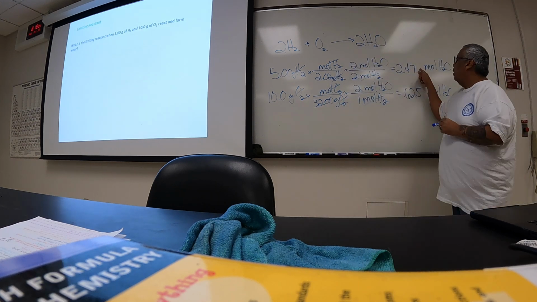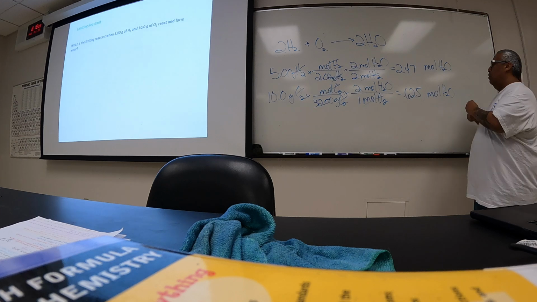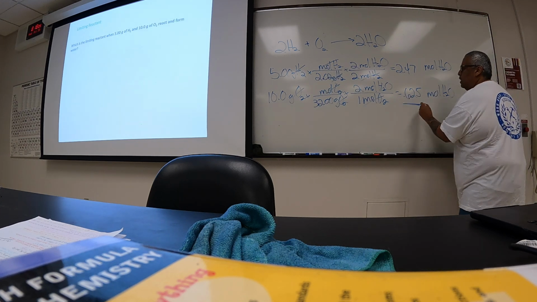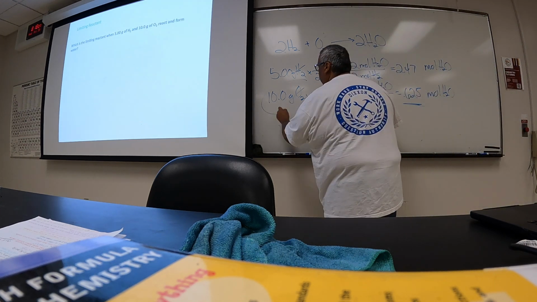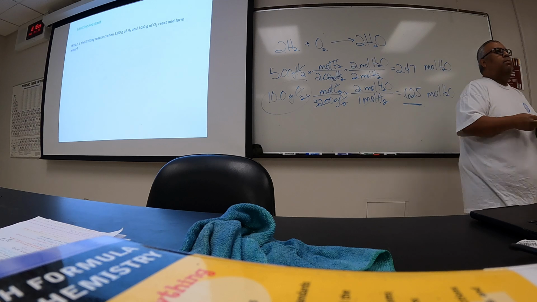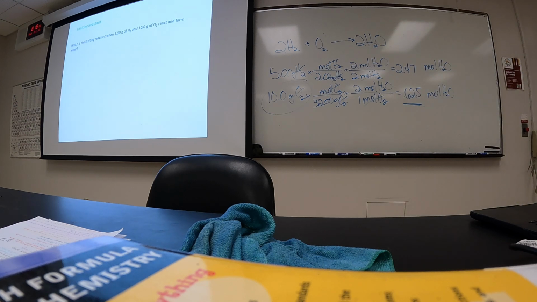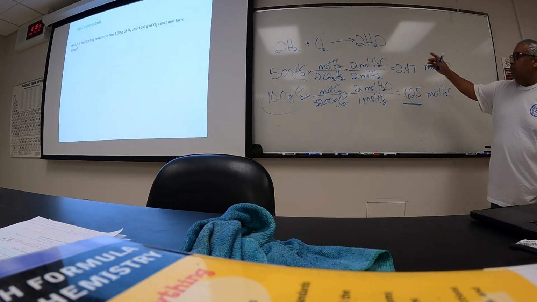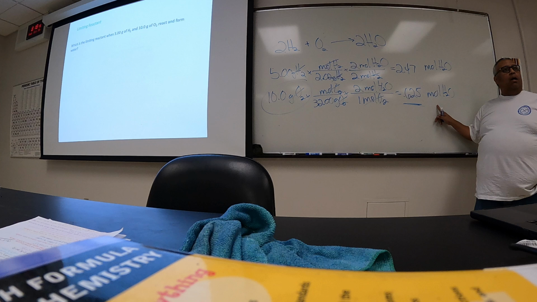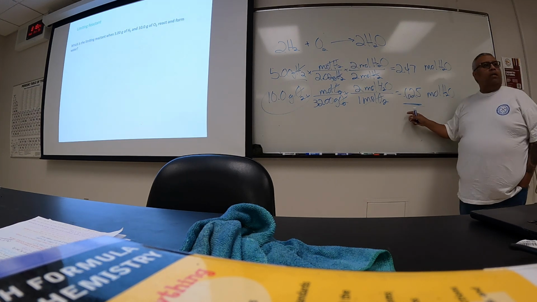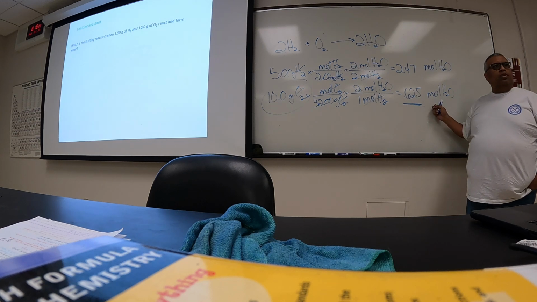Which one makes less water? Since this is smaller, this is our limiting reactant. So theoretically, this is how much we're going to make. Because it's the limiting reactant, we're only going to make 0.625 moles of water.